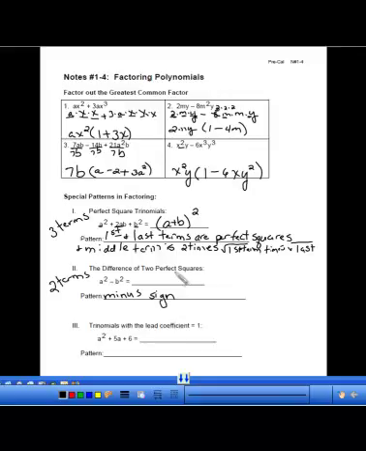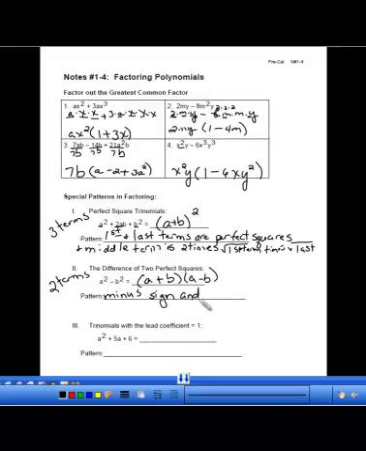And if it is, it's going to factor as a plus b times a minus b, a and b being the square root of the terms that you see in the binomial. Now, so it's not just the minus sign you have to look for.